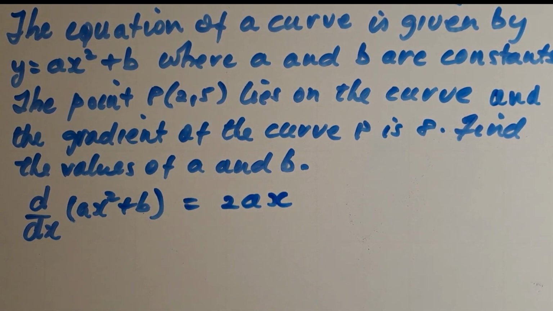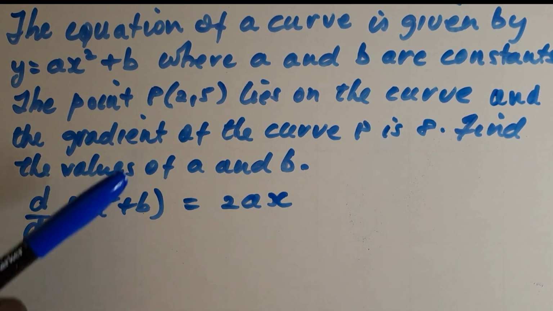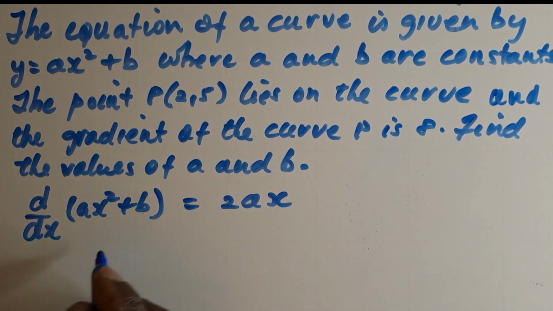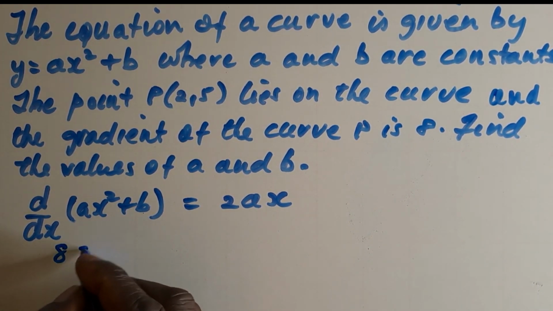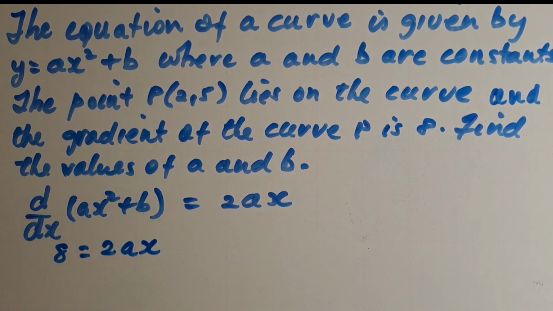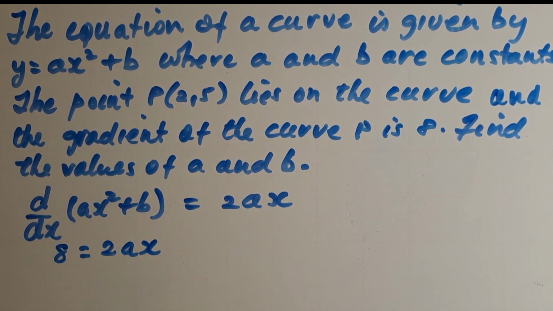So we know the gradient now is 2ax, and in this question we're given the gradient of the curve at P is 8. So we just equate that 8 is equal to 2ax. We were also given a point on the curve, an x and a y value, x being 2 and y being 5.